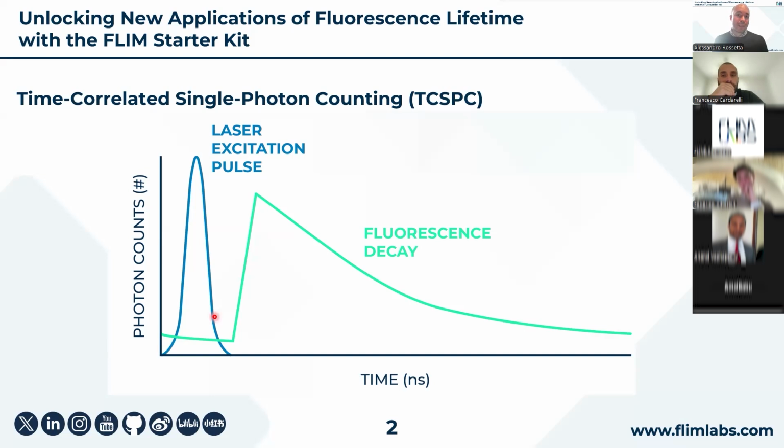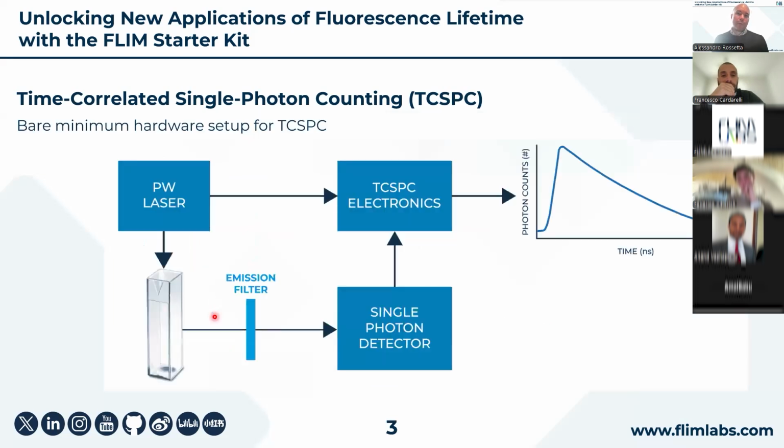And how does this technique work? Well, for implementing time-correlated single-photon counting, we would need a pulsed laser source. Of course, we would need a sample and an emission filter so that our single-photon detector, which is part of our setup, is able to sample only, let's say, the fluorescence photons coming from our sample.